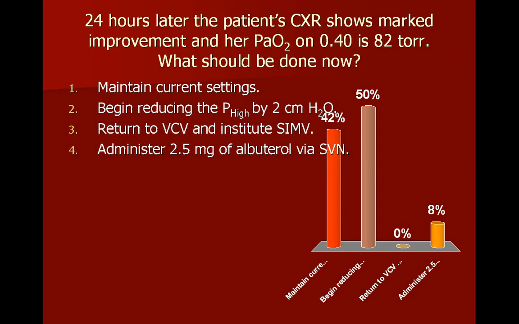Now we can actually begin to drop and stretch here. You've got a good FiO2, good PF ratio, or at least it's coming back up, and I can go ahead and begin the process of weaning, dropping the P high by 2 and lengthening it by increasing the T high in the process.